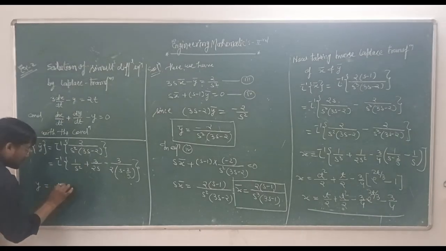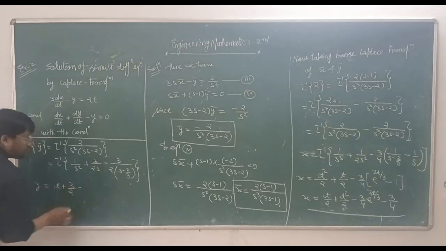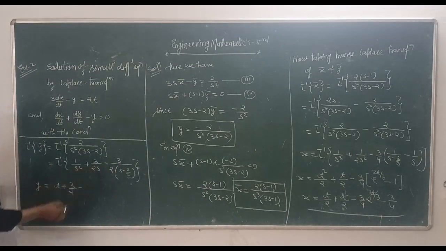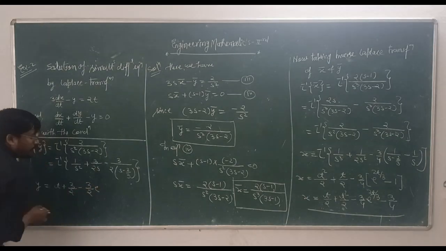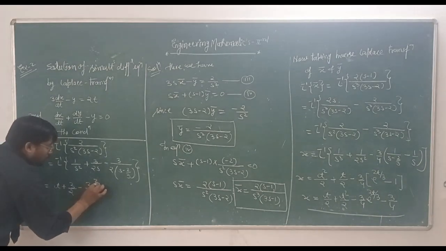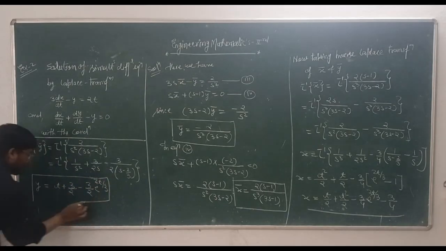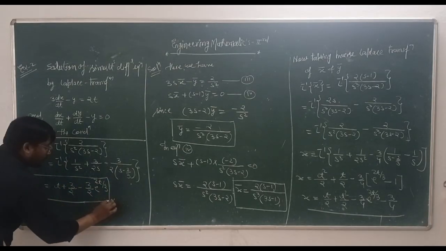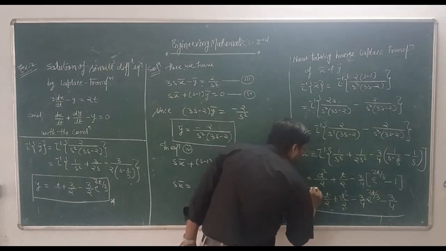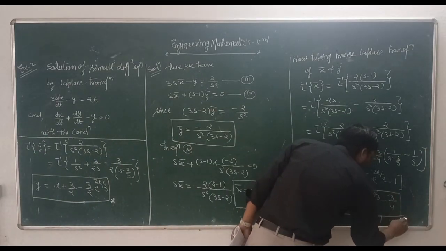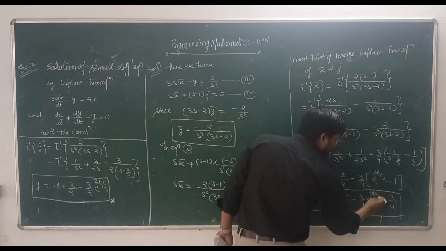Inverse Laplace of this is equal to 3 by 2 minus, inverse Laplace of this is equal to 3 by 2 e to the power 2t upon 3. This is a value of y. Now you can note down this is a value of x, y, and this is a value of x. This is 2t upon 3.